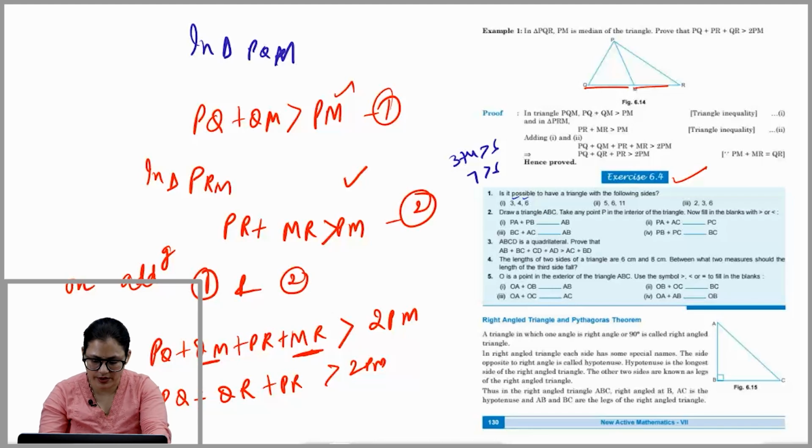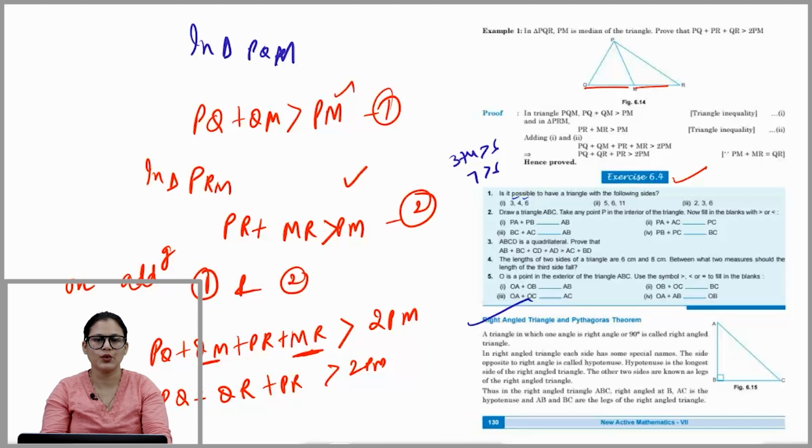Next, right angle triangle and Pythagoras theorem. A triangle in which one angle is a right angle, or 90 degrees, is called a right angle triangle. In a right angle triangle, each side has some special names. The side opposite to the right angle is called the hypotenuse. Actually, the hypotenuse is the longest side of the right angled triangle.